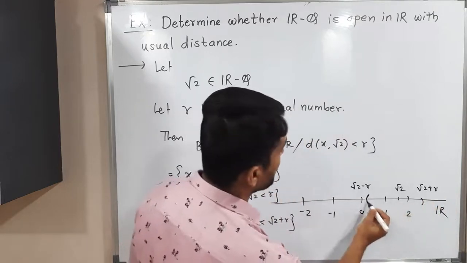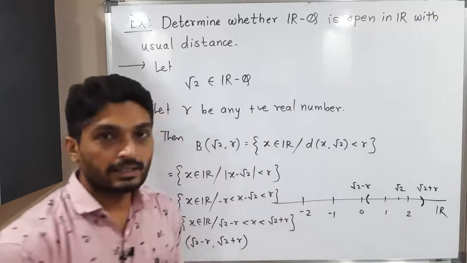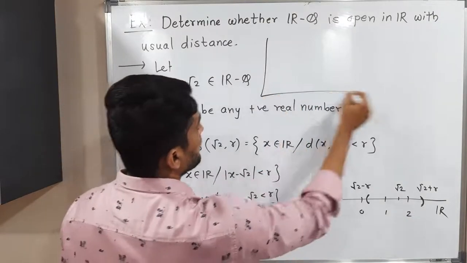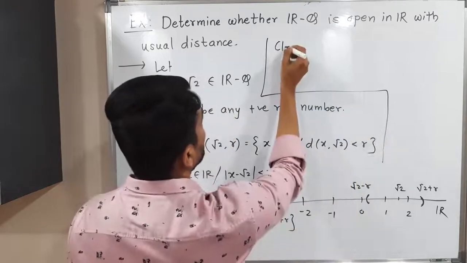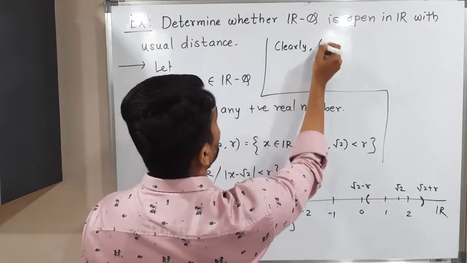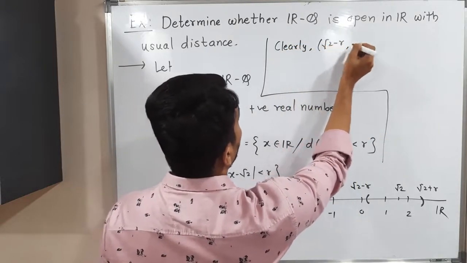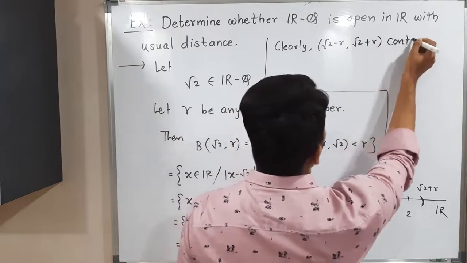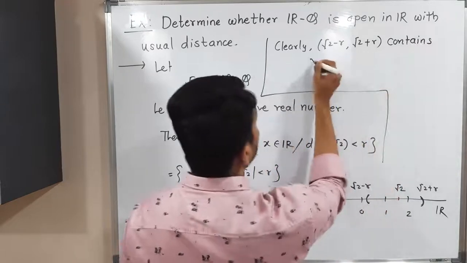In this interval, definitely there will be some rational numbers. Let me mention here clearly: the interval root 2 minus r comma root 2 plus r contains rational numbers.